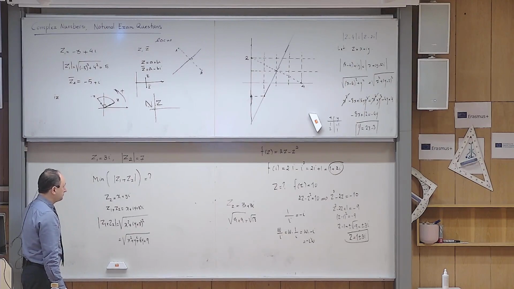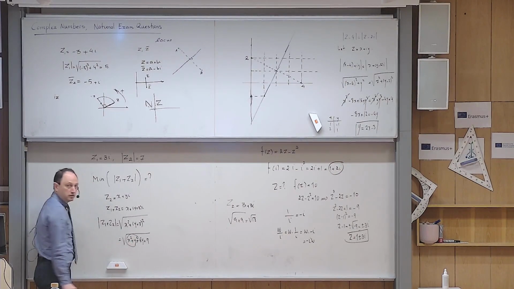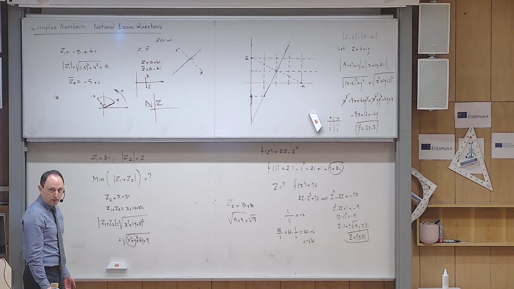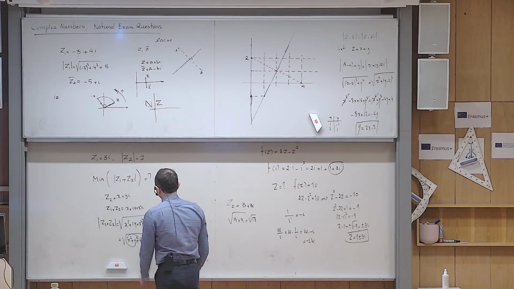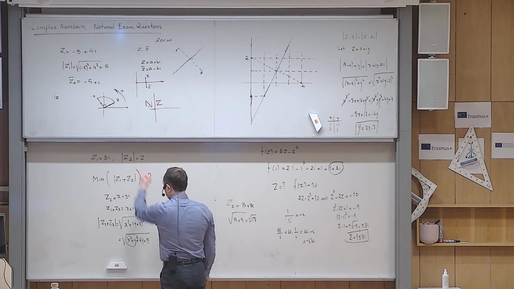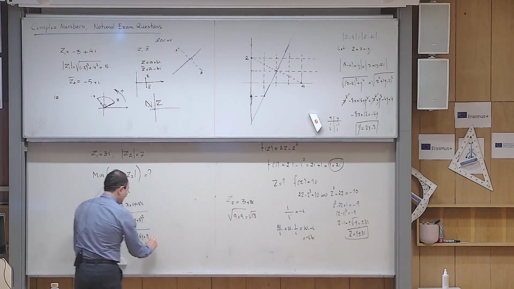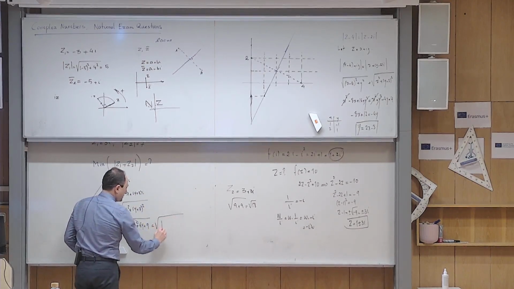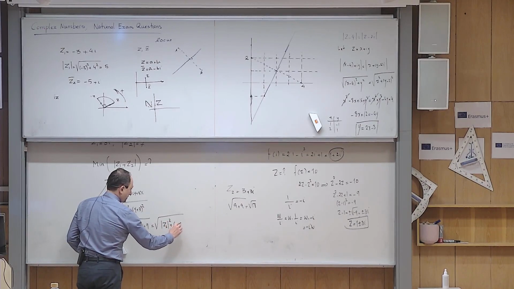Okay, then what? This number is how much? It's 49, yes? Because this is the absolute value of Z2. So let me write it for you. This becomes the square root of absolute value of Z2 squared plus 6y plus 9.